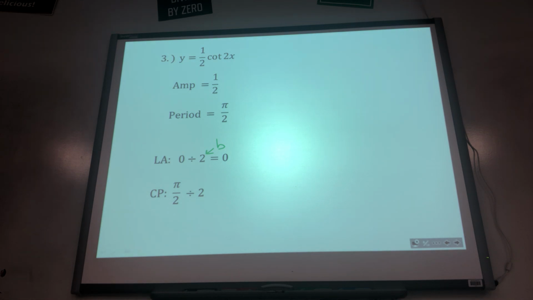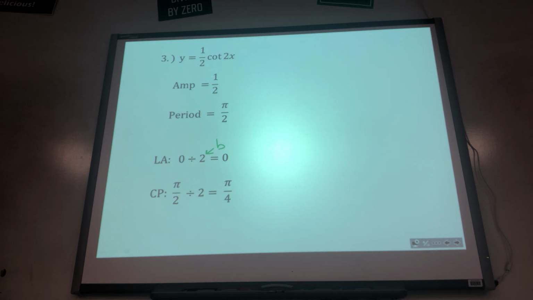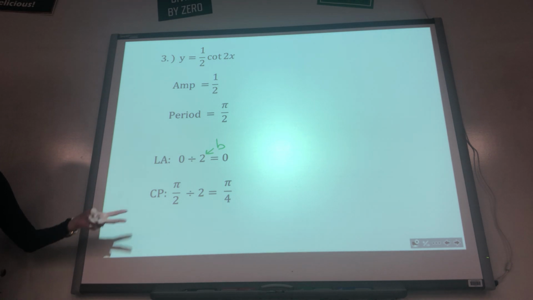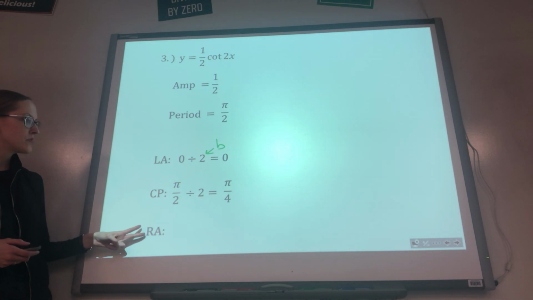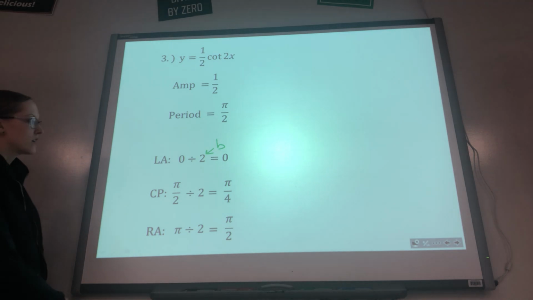Divide it by b, and if you keep change flipped, you'll end up multiplying by 1/2 right there. So that'll be like a pi over 4. And then right asymptote was at pi. So take pi divided by 2, and you can just leave it like that. Pi over 2.